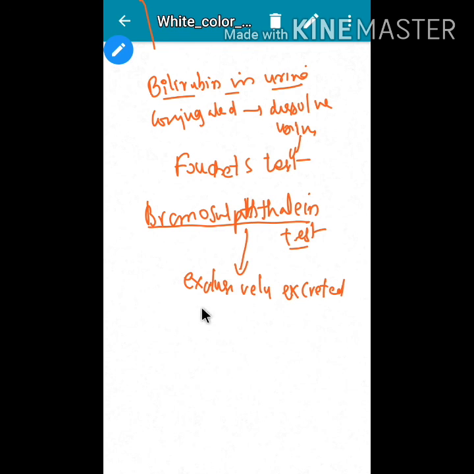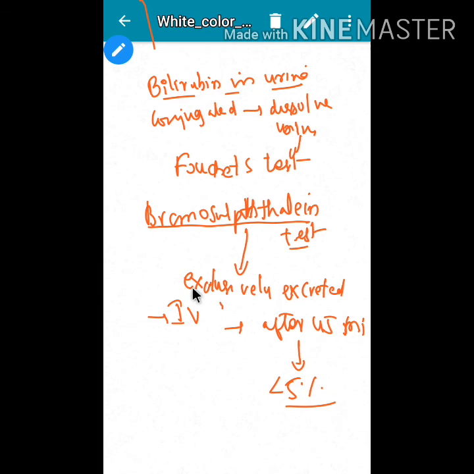Usually if you give this bromsulphthalein IV, after 45 minutes, if you measure the levels in blood or serum, only less than 5% will be there in normal people.